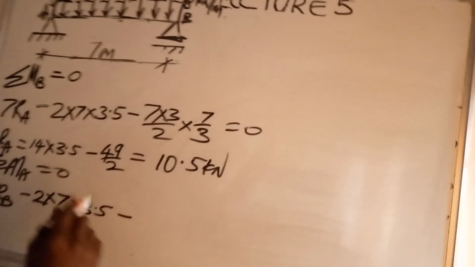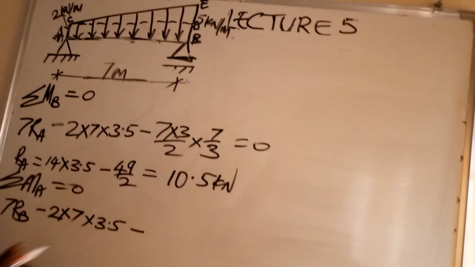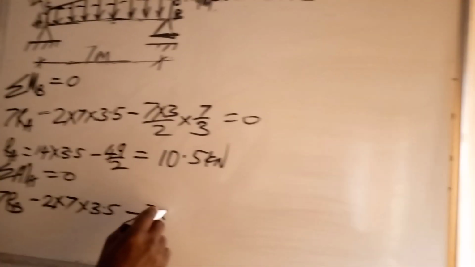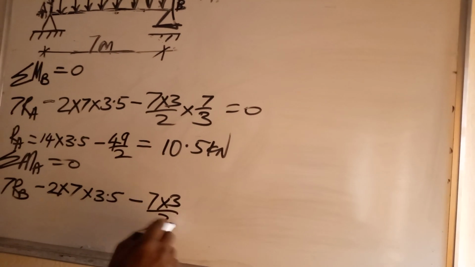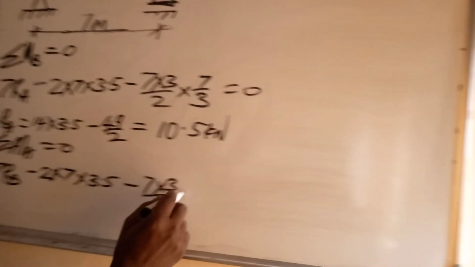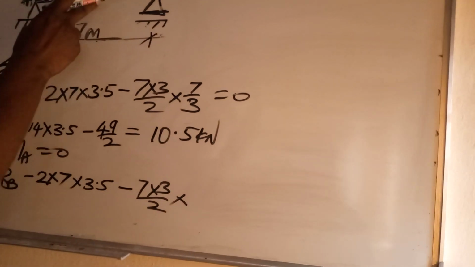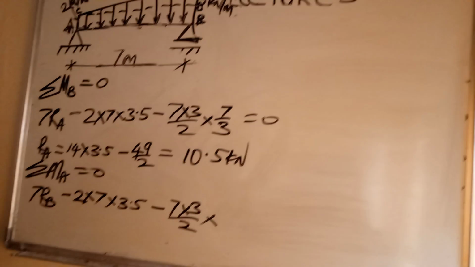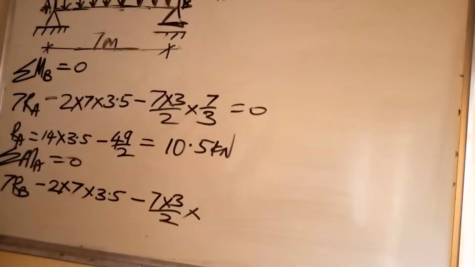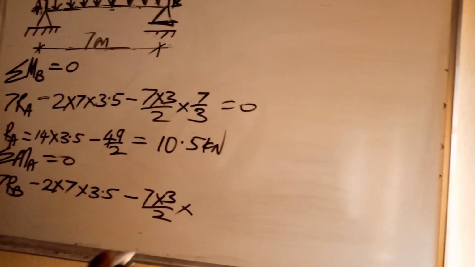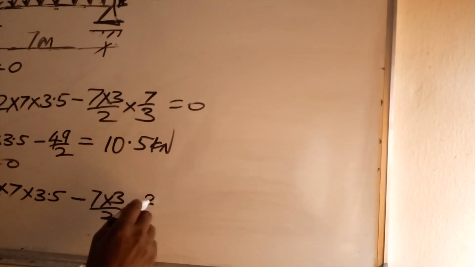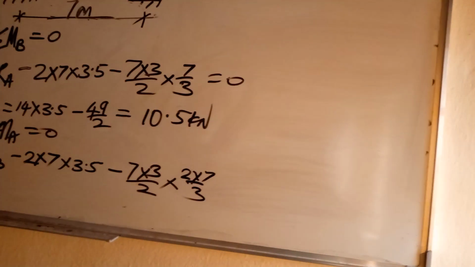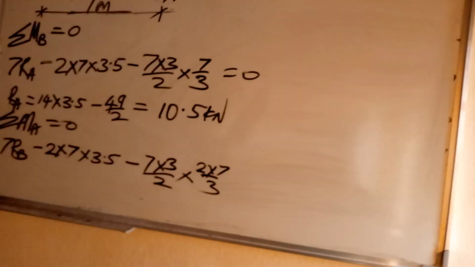Then minus again the area of the triangle, 7 times 3 over 2, times the distance from the center of gravity to point A, which will be 2/3. It won't be 1/3 this time, it will be 2/3. So 2 times 7 over 3.